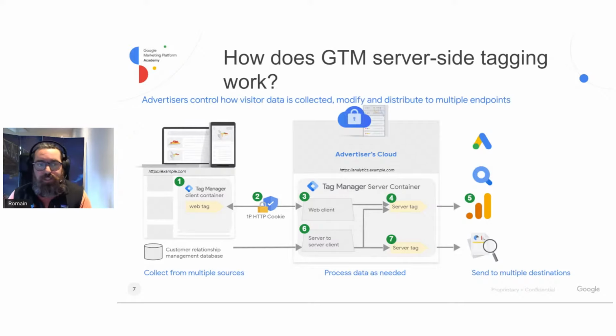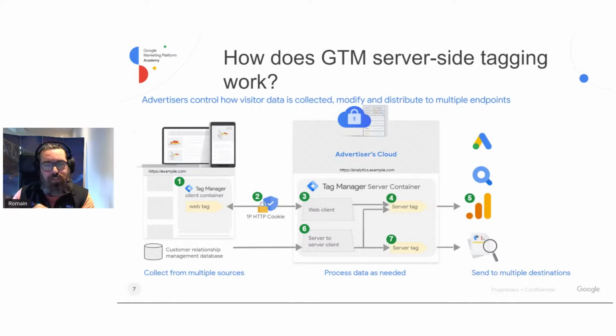We can add additional information gathered from another system, from another server, or we can remove some information, or we can send this information to multiple endpoints. So not necessarily just to Analytics, maybe we can send it to multiple endpoints from just one request. That's the basic idea.